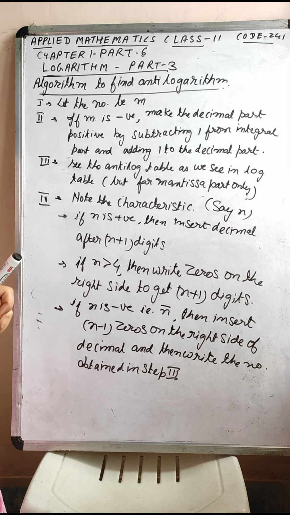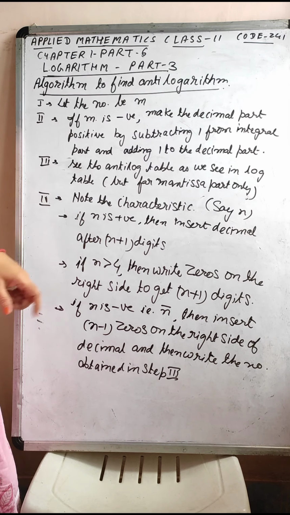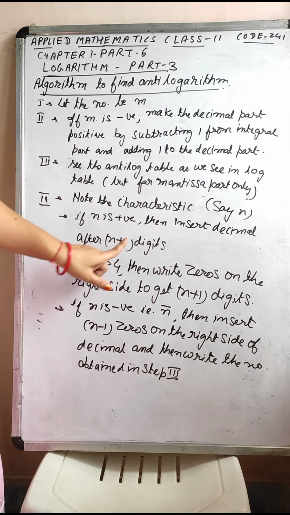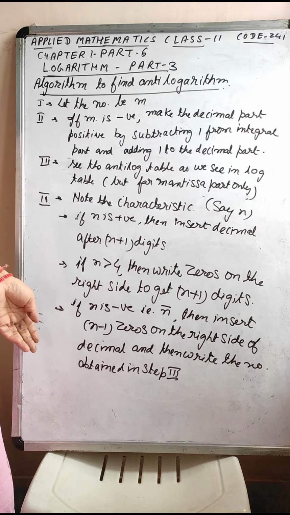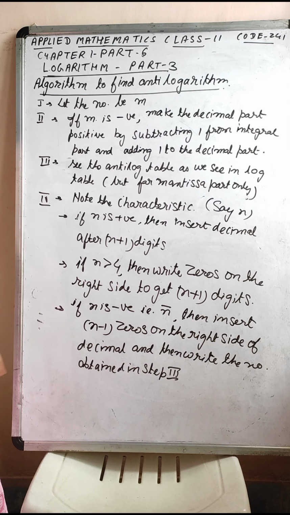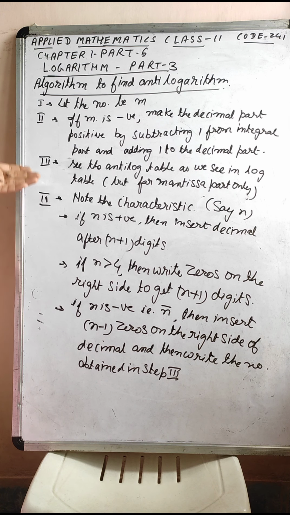If the characteristic part is positive, n, then insert the decimal after n plus 1 digits. And if it is negative, that is n bar, then insert n minus 1 zeros on the right side of the decimal, and then write the number as we have obtained in step number 3. Okay, so now I am quoting an example and explaining how to find the anti-logarithm of a given number.